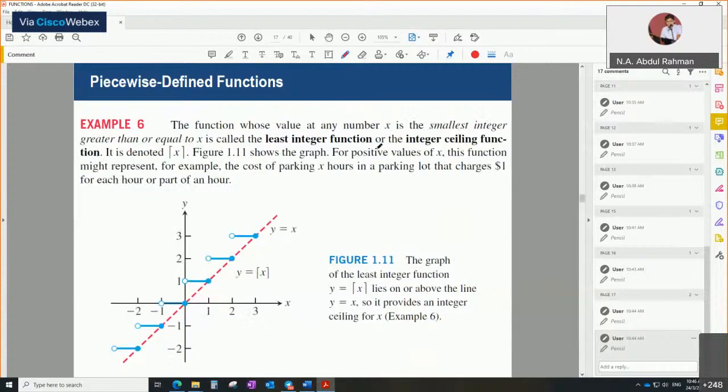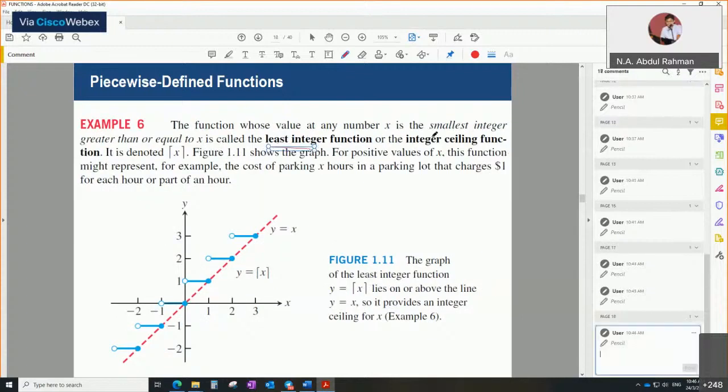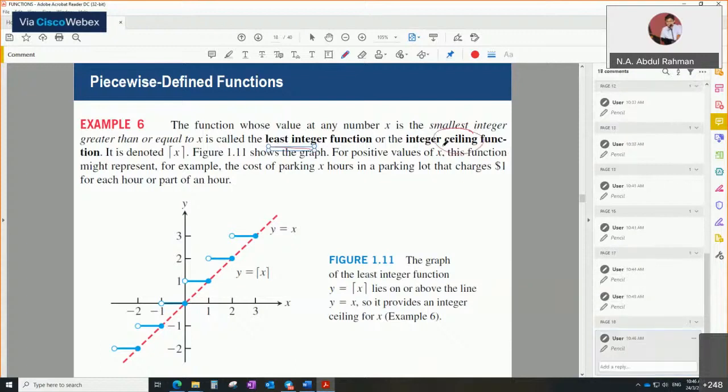Next, I think I don't have to explain more. We have the least integer function, or ceiling function. Ceiling is something on top, so just on top. I don't need very much detail on the examples here, but I think you can understand. You can see from the figures here. For any value between 2 and 3, for example 2.5, it will give you a ceiling function.